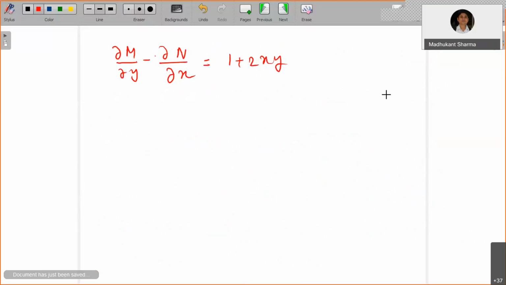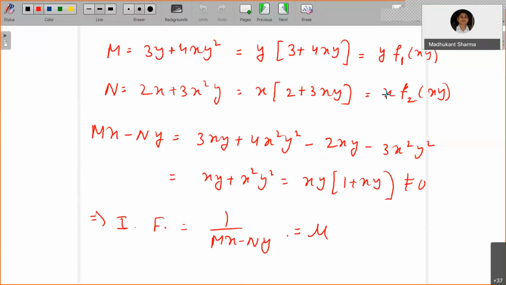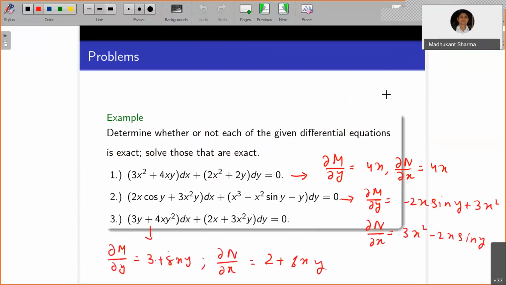Now look at here, what is M? Do we have any factorized form here? It is going to be 3 plus 8xy, 2 plus 6xy.